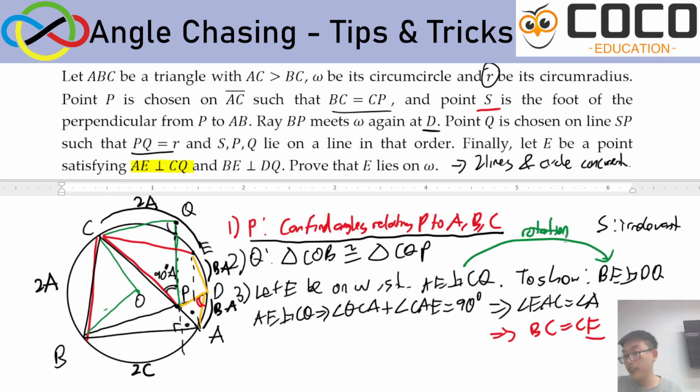Now we can think of this as rotation because AE and BE share a point E. CQ and DQ share a point Q. Now, if they were perpendicular at first and I want them to be perpendicular at the end, all I need to show is that the angles that are rotating AE to BE and CQ to DQ are the same.